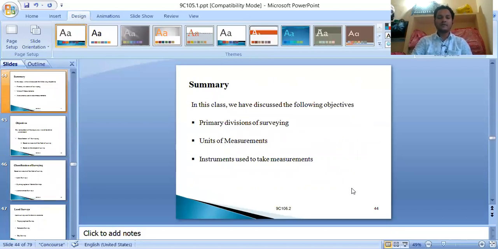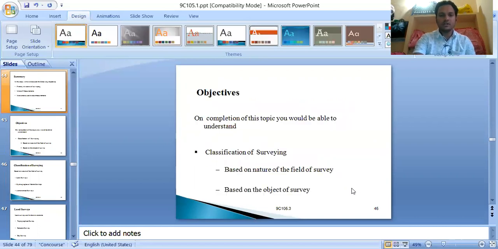So far we have classified primary divisions of surveying. We have learned what are the primary divisions, geodetic surveying and plane surveying. We have learned the units of measurements for angular and linear measurements. And we have also learned what are the different instruments used to take linear and angular measurements.